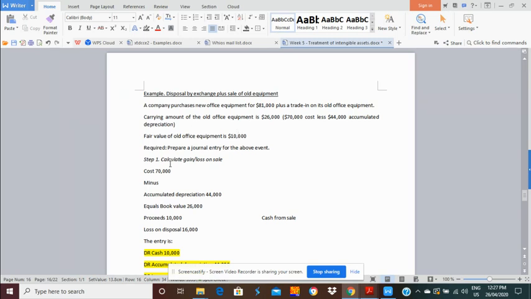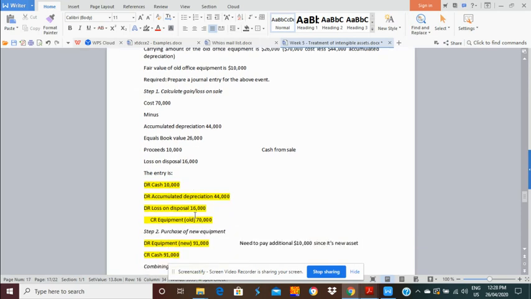So step one, look at the sale. Cost 70,000 minus accumulated depreciation. The book value is 26,000. The cash proceeds, the fair value of the old equipment, is only 10,000. So you get less cash than the book value. Clearly, the difference between 26,000 and 10,000 would be 16,000, the loss on disposal.